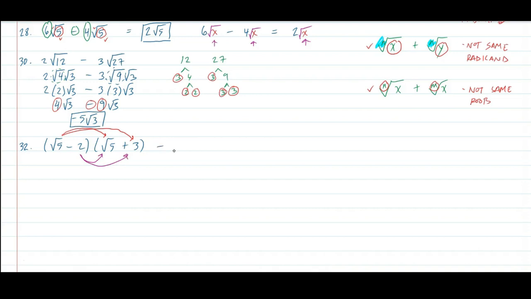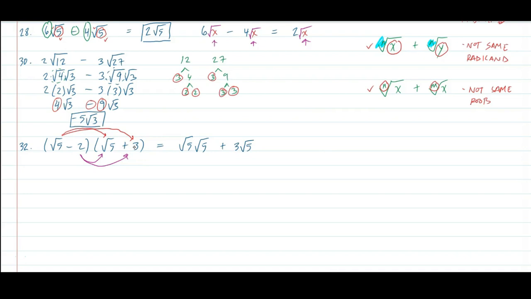So here's what that's really going to look like. I'm going to write the whole thing out. When you multiply root 5 and root 5, here is what it looks like. Root 5 times root 5, okay? When you multiply root 5 and 3, you can't multiply the 5 and the 3 because the 3 is not inside of a root, right? So you have to write it as 3 root 5, like that.